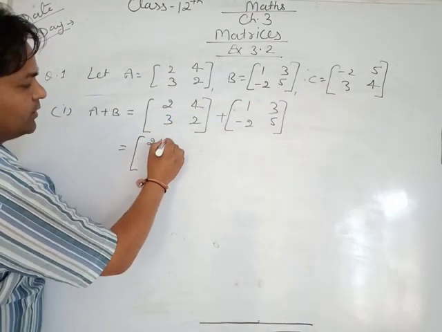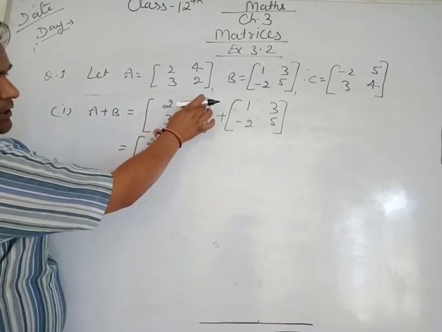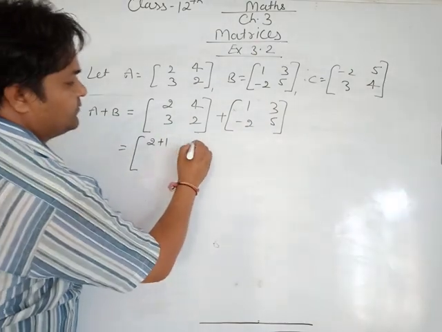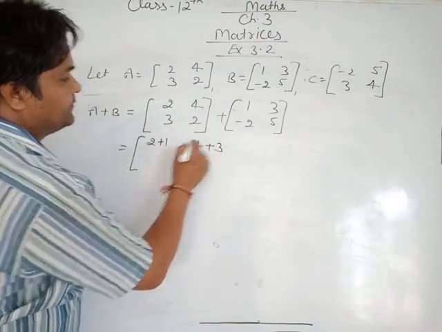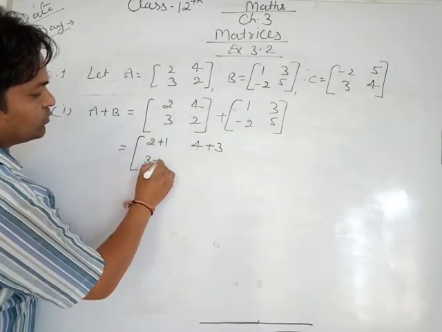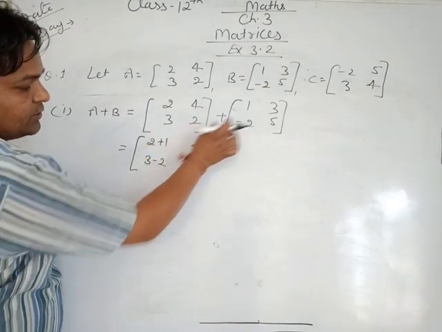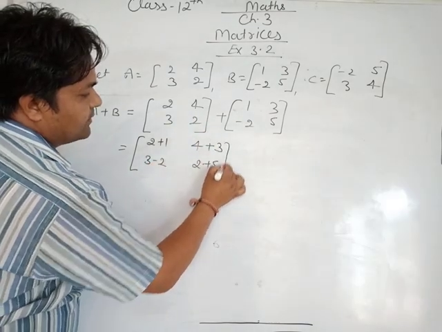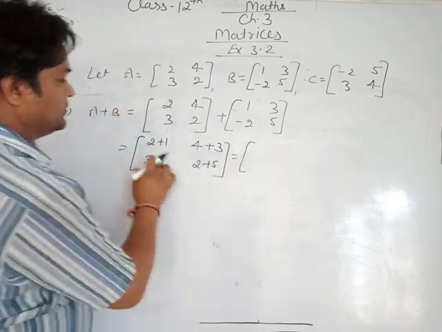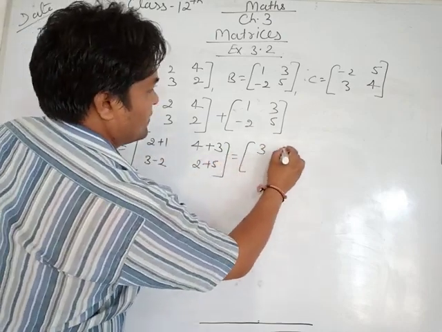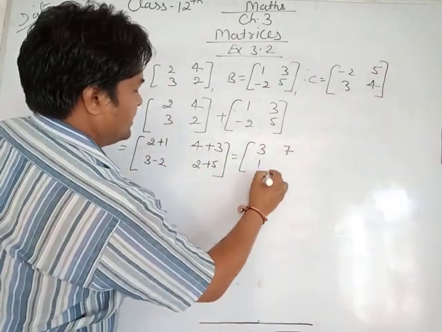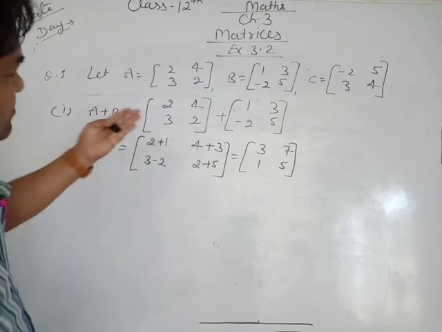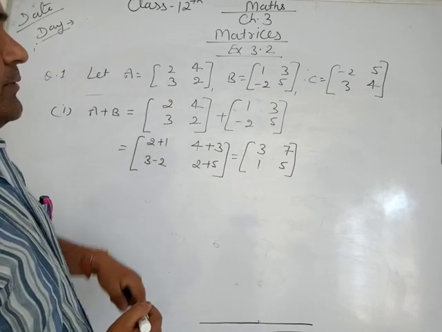So 2 plus 1, 4 plus 3, 3 minus 2, because here the sign is minus 2, 2 plus 5. Now we get the answer 3, 7, 1 and 5.